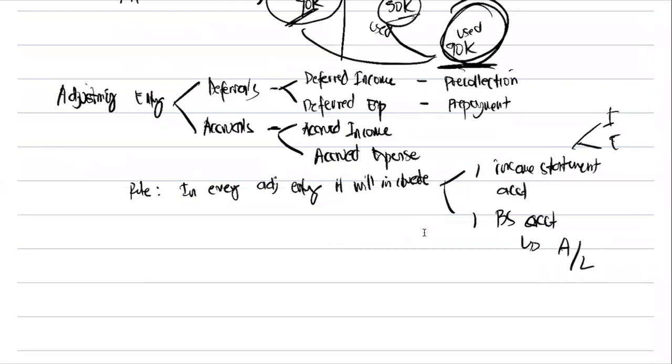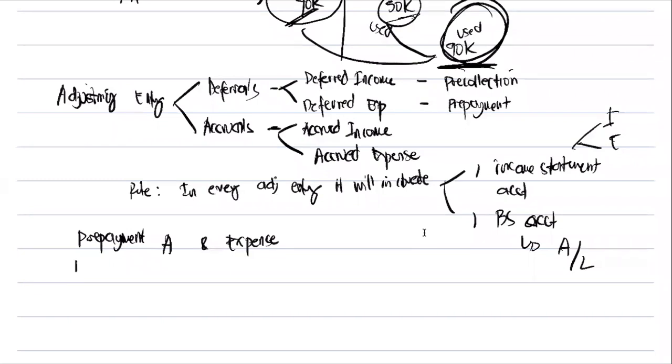So what are the accounts that are interrelated in your adjusting entry? Normally, asset and expense go together for a prepayment.